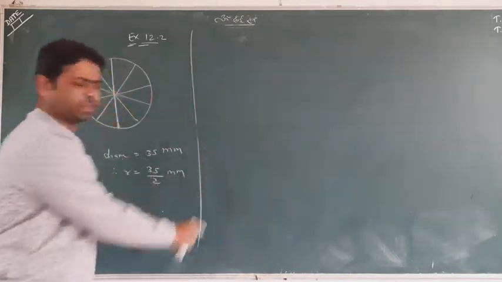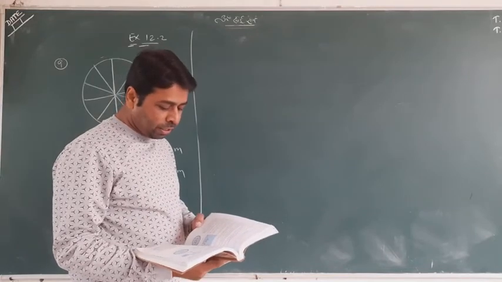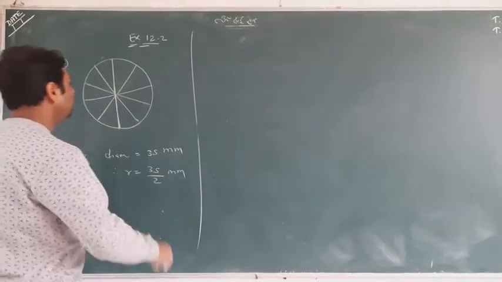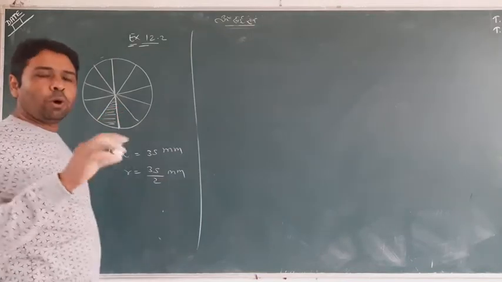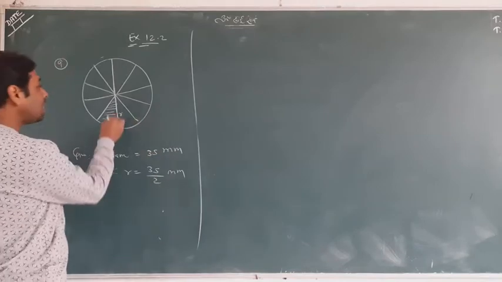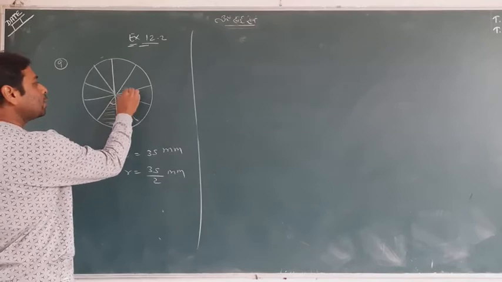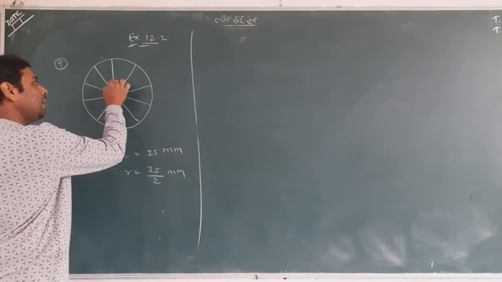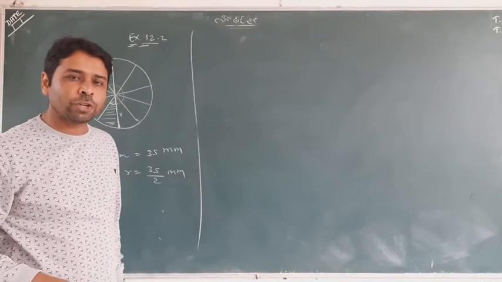Question number 2 says: the area of each sector of the brooch. We want to find the area of each sector, and you all know it depends on 2 things: the radius, which is 35 by 2, and the central angle. The central angle is very easy. We have 10 sectors, and the whole angle is 360.